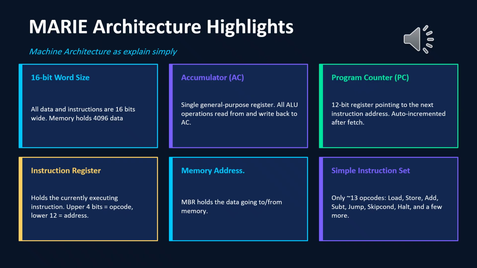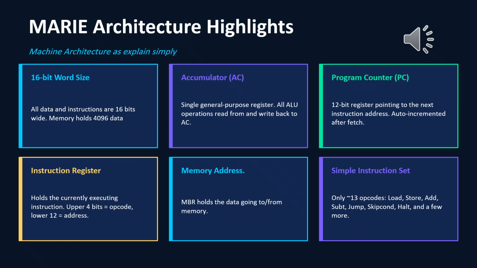Also, we have the PC. The PC is incremented after each fetch cycle, which we're going to explain in the next slides, because after the fetch we have the decoding and also the execution, so we need a new block for this.